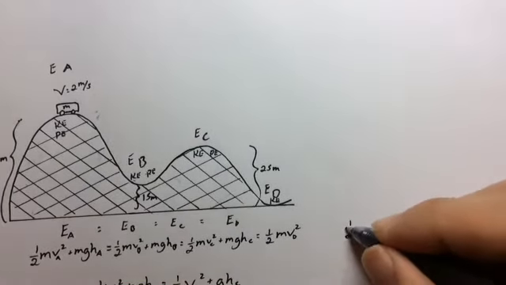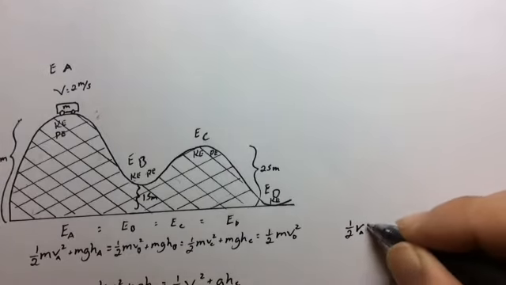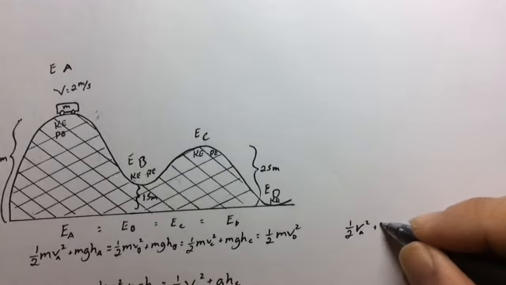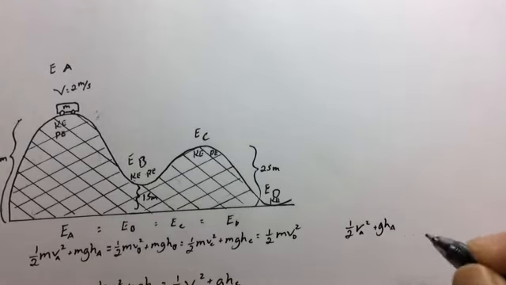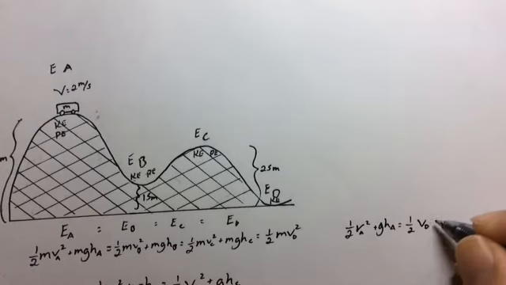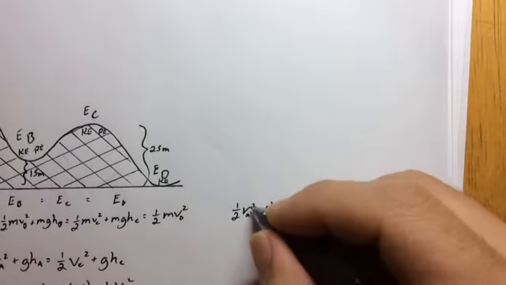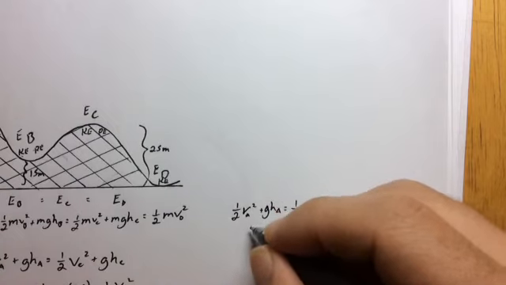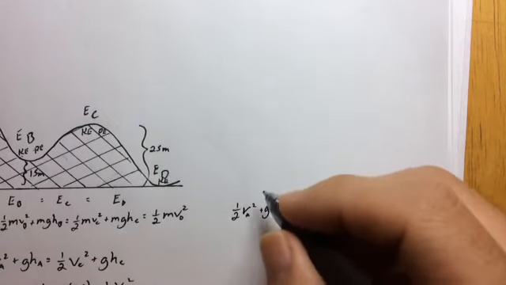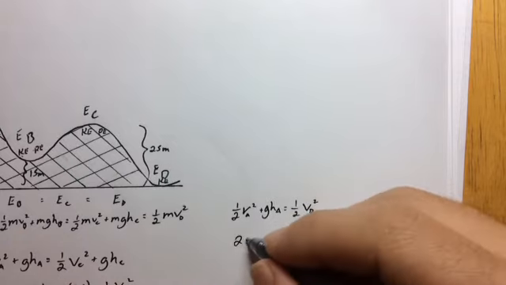We've got 1/2 the mass, well, the mass canceled out already, so vA squared plus g hA, and that's equal to 1/2 vD squared. Okay. So again, the vA is 2. 2 squared is going to be 4. 4 divided by 2 is just going to be 2, so I'm just going to write down 2.